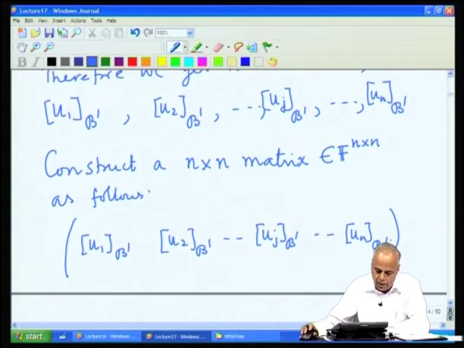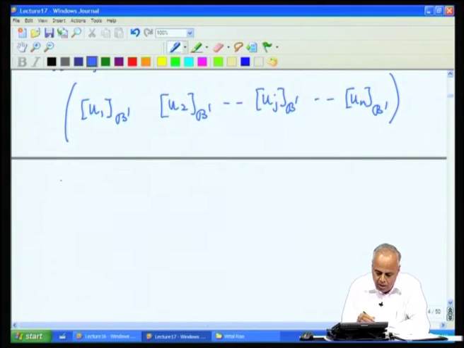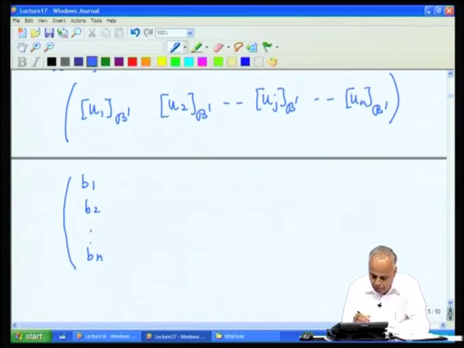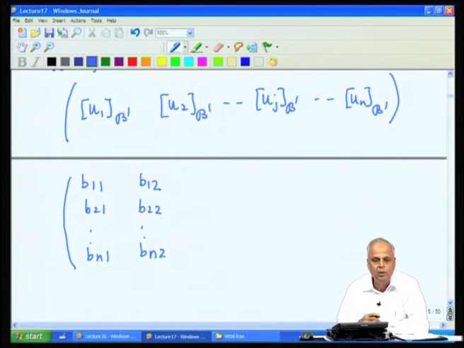Now, if we look at the components we have already got, we got u1's components as b11, b21, bn1. We put the second index as 1 to say that we are looking at the first vector. Then we got the components of u2 as b12, b22, bn2, and we use the second index 2 to say that we are looking at the vector u2, and so on and so forth.